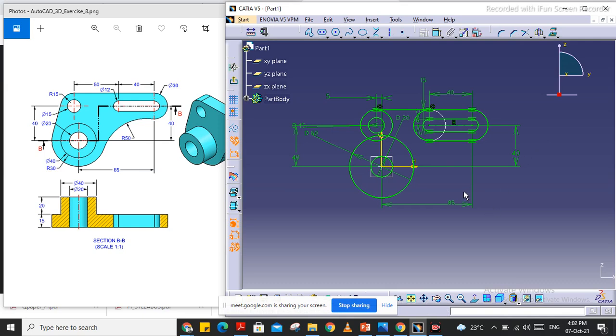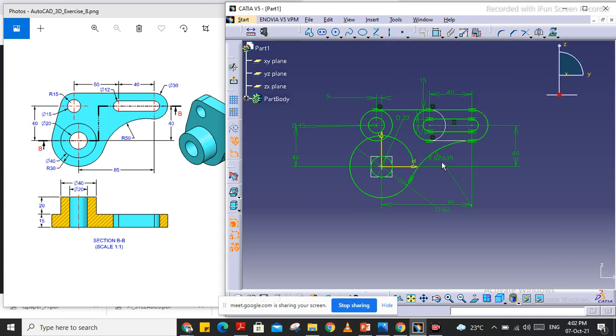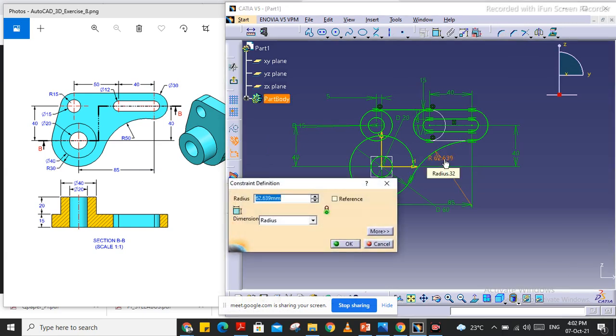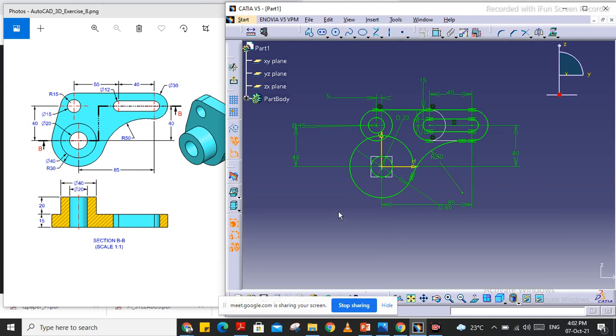Now what I will do, I will take this arc over here, which has radius 50, and then I will delete this, tangent to both of these.